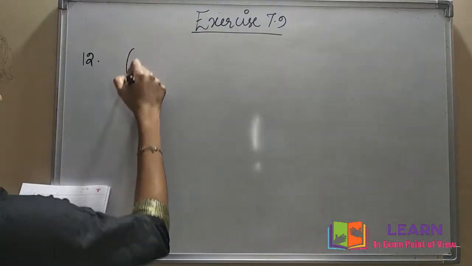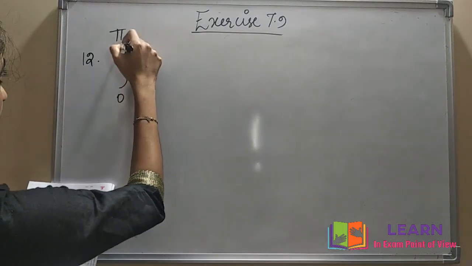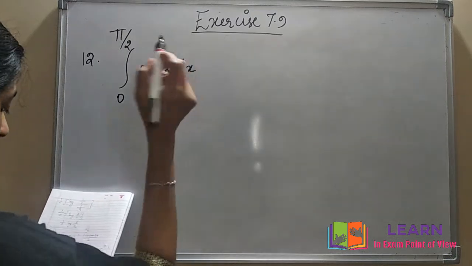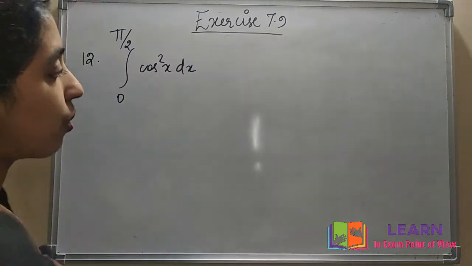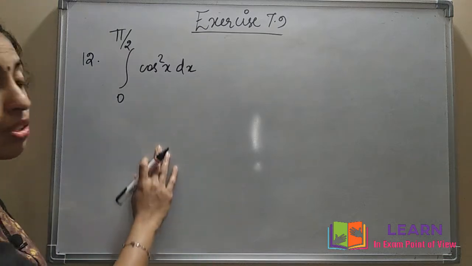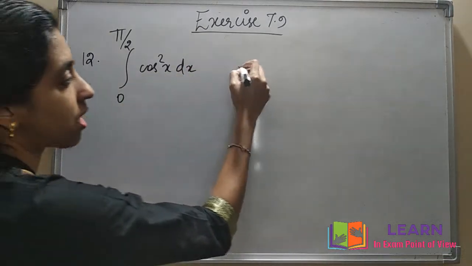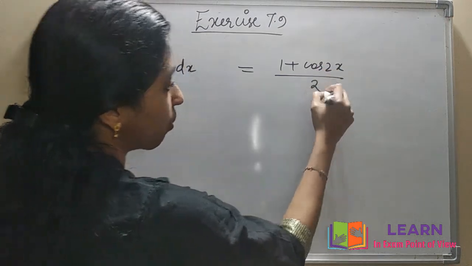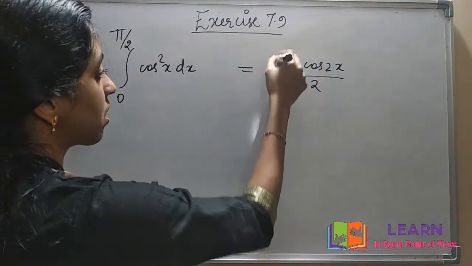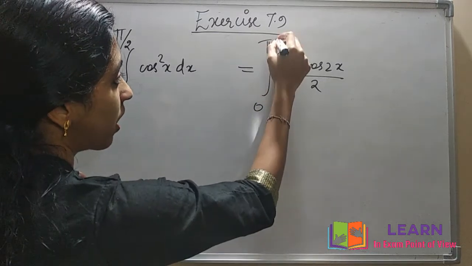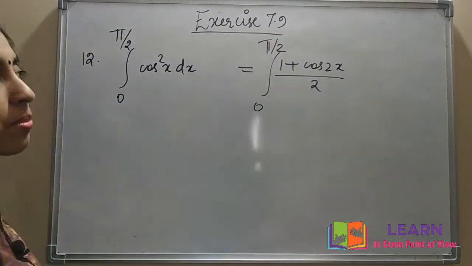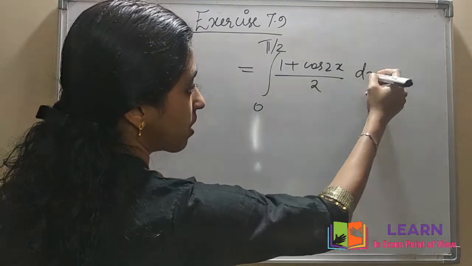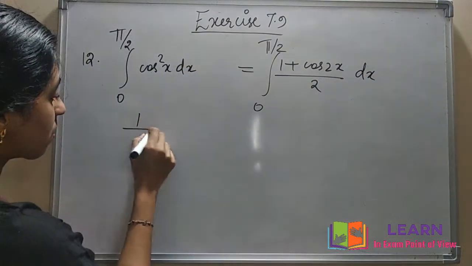Then 12th one, it is integral 0 to pi by 2, cos square x dx. This also we have already studied, the substitution method. Cos square x can be written as 1 plus cos 2x by 2. Okay. Then integrate. Half you can take outside.